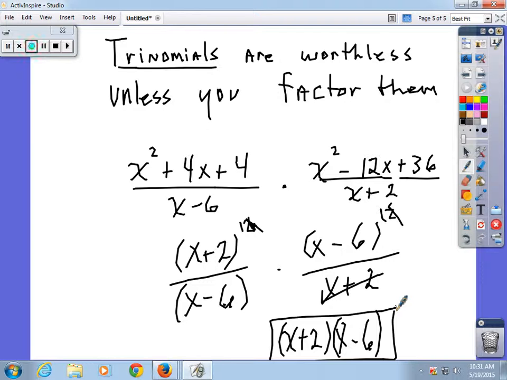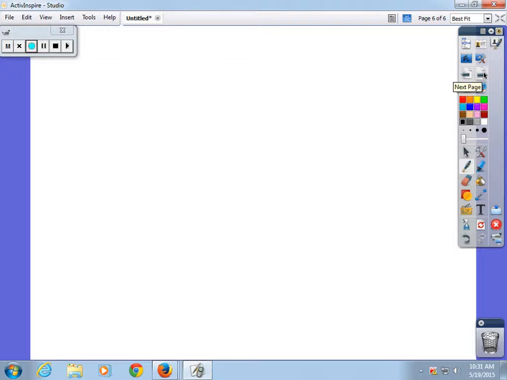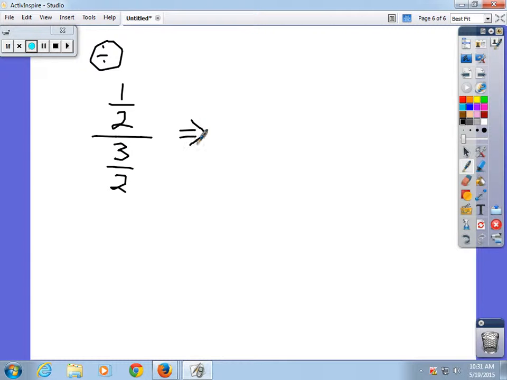Now let's do a division. Let's remind ourselves what division is. 1 over 2 divided by 3 over 2 is equal to 1 over 2 multiplied by what? 2 over 3. That's what you learned, your basic rules right there. Divide by a fraction, you multiply by the reciprocal.